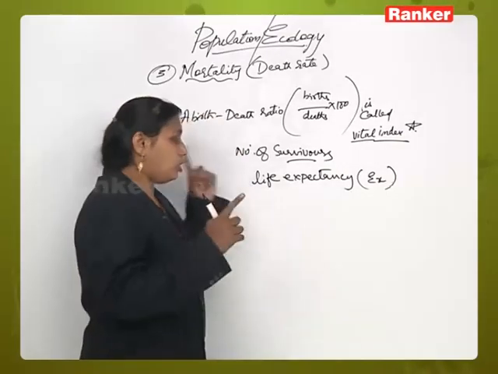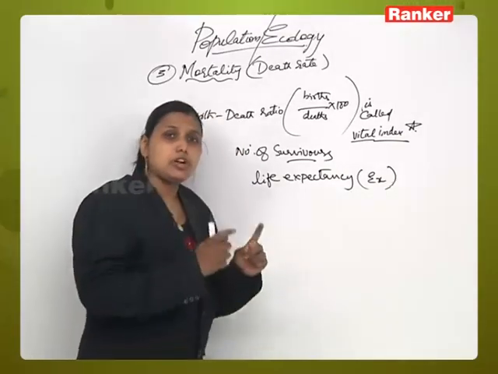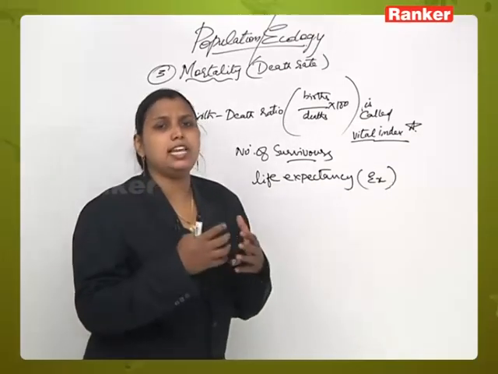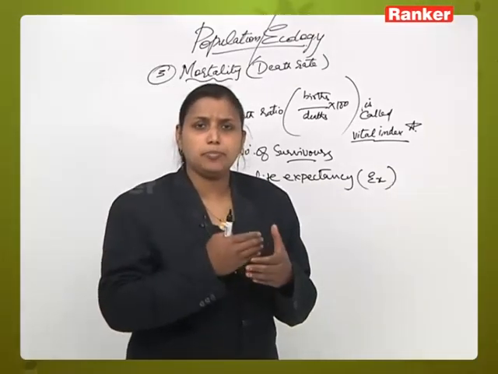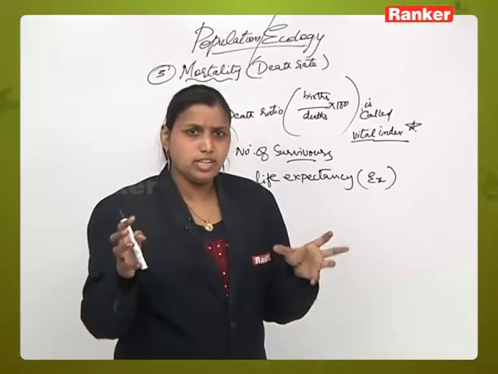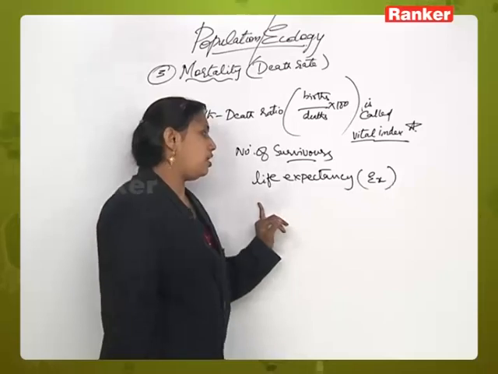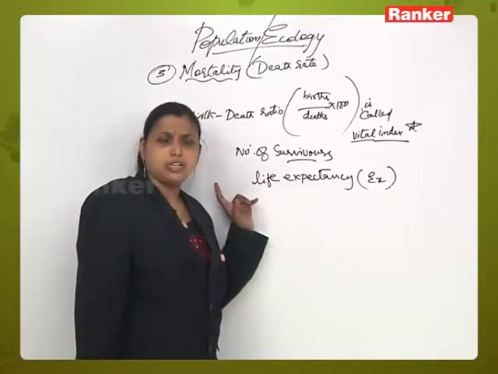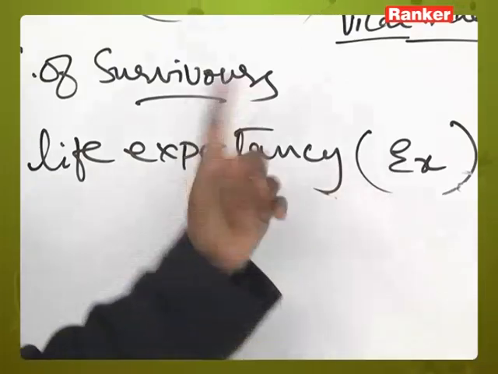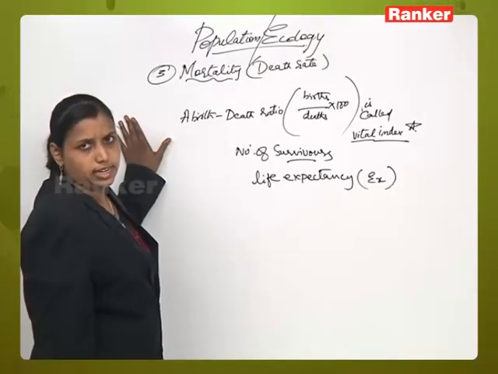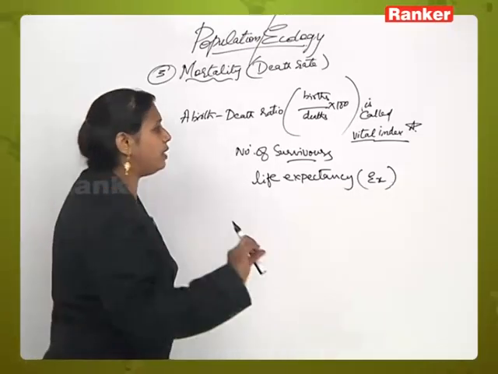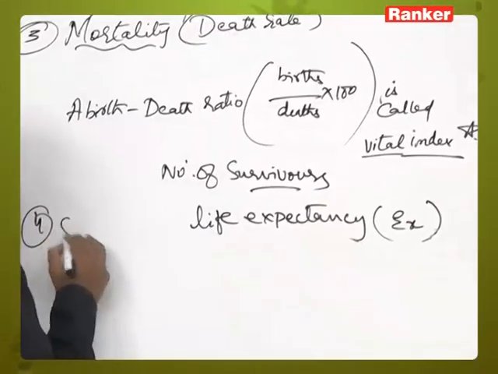So mortality is expressed in terms of life expectancy, meaning the time still left over for a particular individual to survive. How much time is left for him so that he is still surviving. That is called life expectancy. Mortality is expressed in terms of a letter called EX, right. Now this is about mortality, right. Next, as we said the word survivor, we are supposed to study survivorship curves.